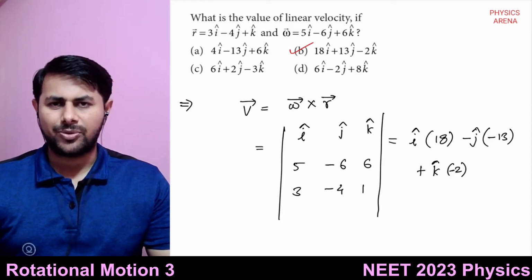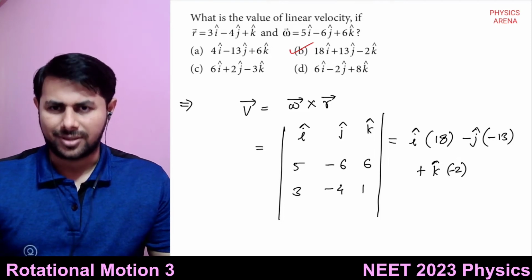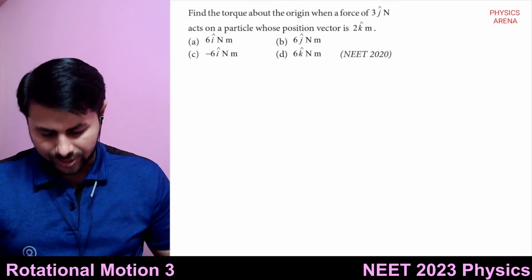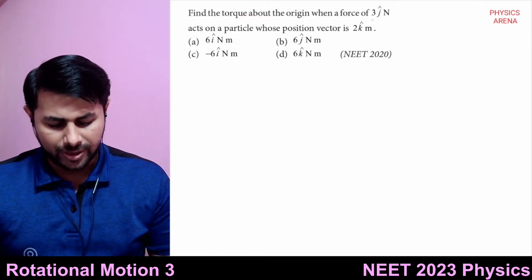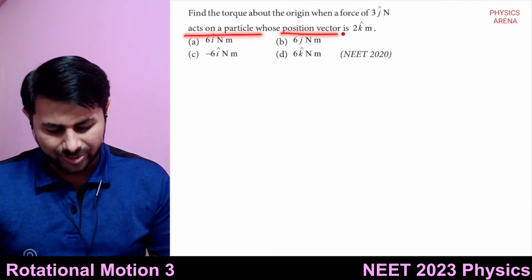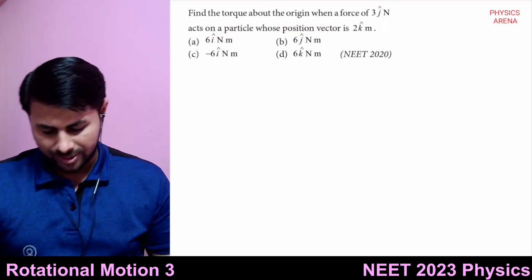Okay, this is straightforward. Everybody? Good. Then the next question is: find the torque about the origin when a force of 3 j cap Newton acts on a particle whose position vector is 2 k cap meters. So what is torque?